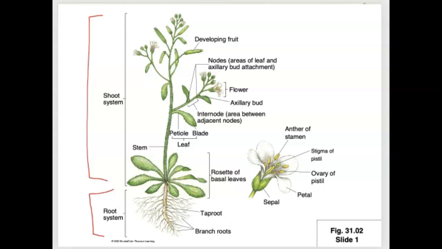Not an absolute rule, so don't think below ground roots, above ground shoots. Some plants, roots are above ground. Other plants, shoots are actually below ground. It just depends on the plant and how it has evolved to its particular environment.